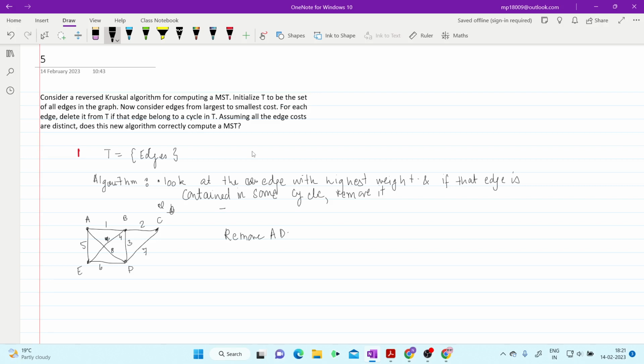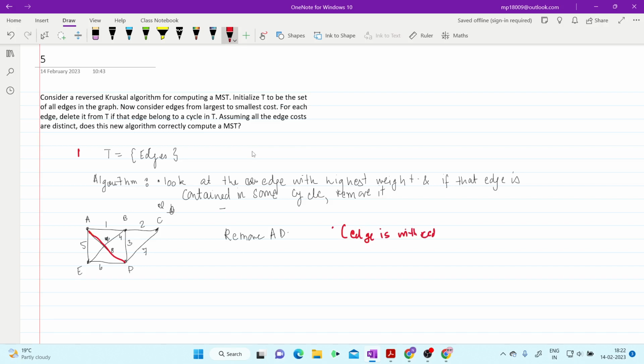Once we have removed AD, this was our original graph. I am coloring removed edges with red. So if an edge is red, assume that it's removed.